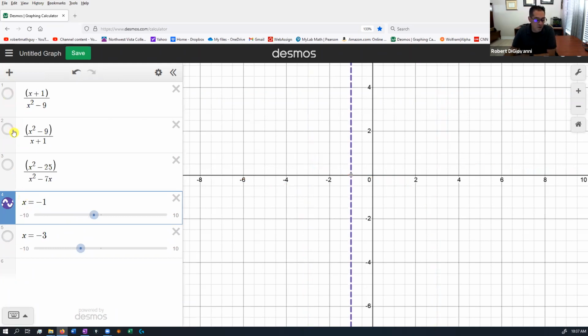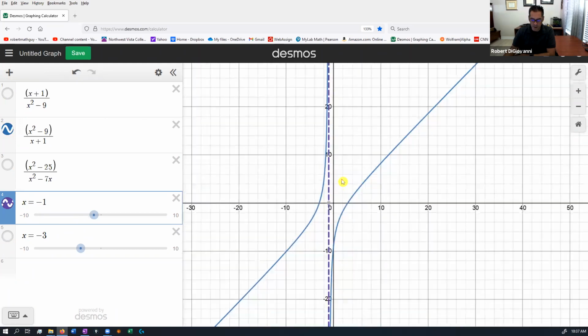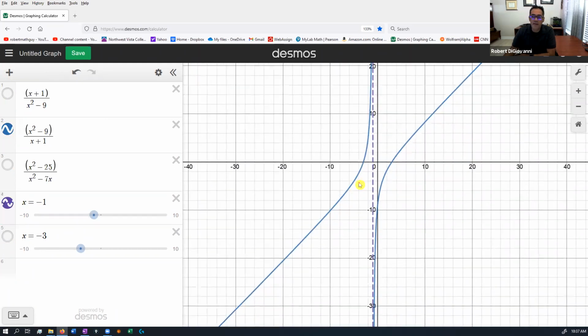So I'm about to draw this one, and we should expect to see a vertical barrier at -1. Is that what's happening? Let me zoom out. That is, right? So the graph is like, oh, I can't cross this vertical barrier. I've got to go up. And on this side, it's like, oh, I can't go across that. It goes down.